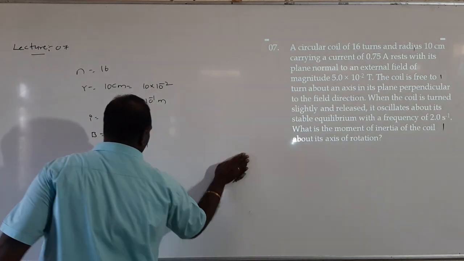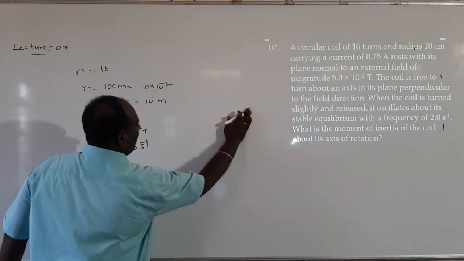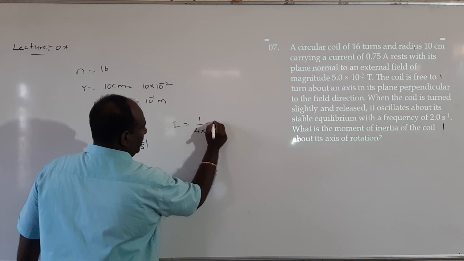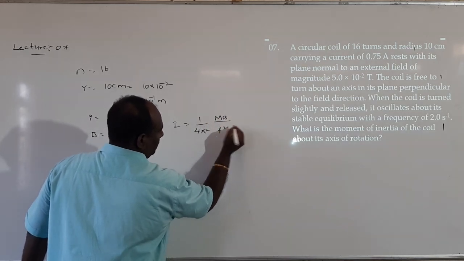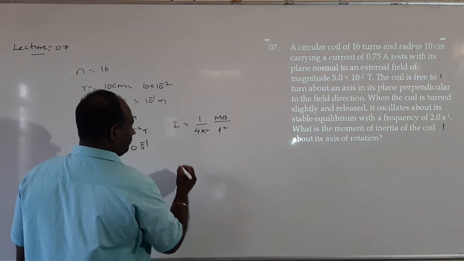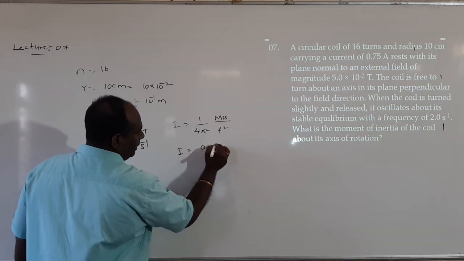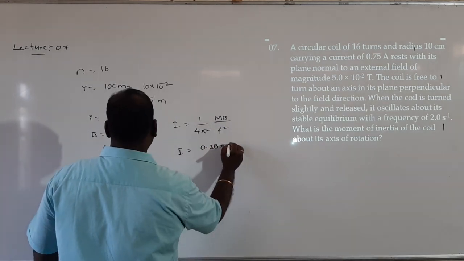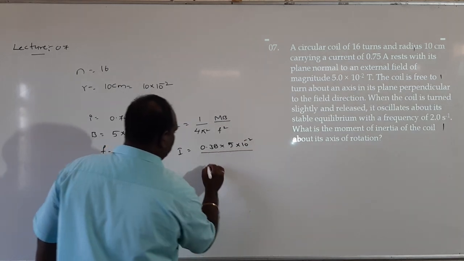Then just now we find the f value. I is equal to 1 by 4 pi square, m into B H by f square. So here I equals m value 0.38 into B value 5 into 10 power minus 2, divided by 4 pi square.